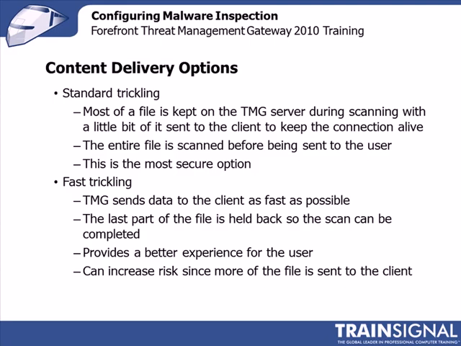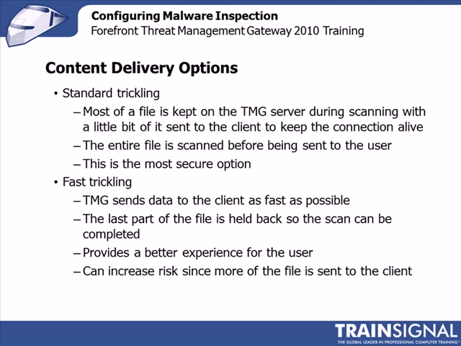Fast trickling, on the other hand, sends data to the client as quickly as it's reasonable. However, the very last part of the downloaded file is held back so that the scan can be completed on the Threat Management Gateway server. This does provide an overall better experience for the user, but it does increase the risk of infection.